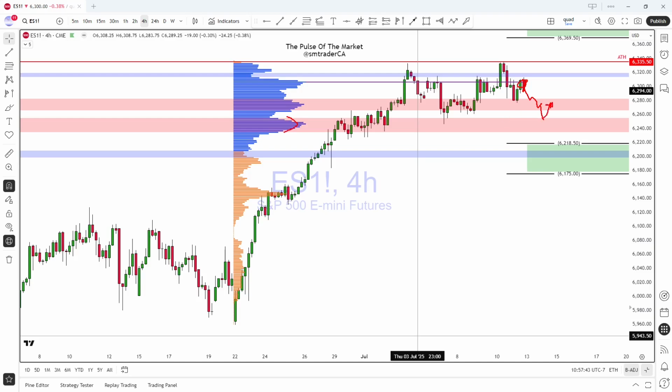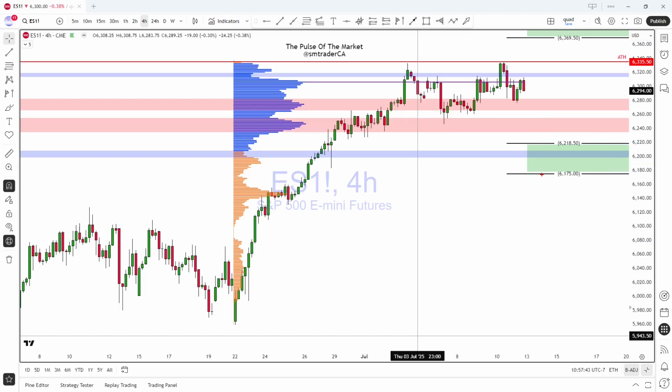If it is unable to get rejected and move back up and continues to move down, then I'm basically looking for a retracement of this value area and the possibility to come down to this low volume zone around 6,200, which would be into the lower range of the weekly expected move, between 6218.50 and 6175.